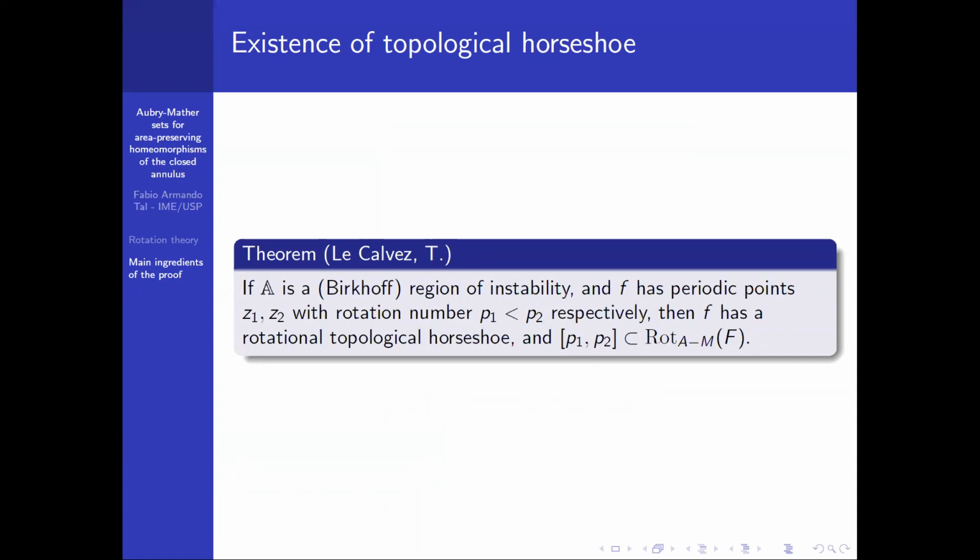And in this situation, you're going to see that the Aubry-Mather set is going to contain the whole interval between P1 and P2. You find invariant sets for any point there.